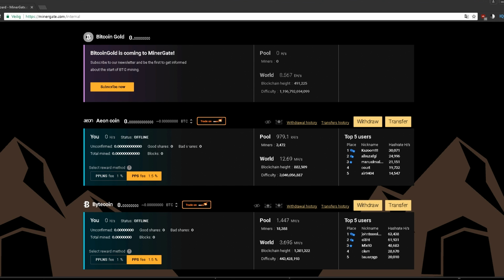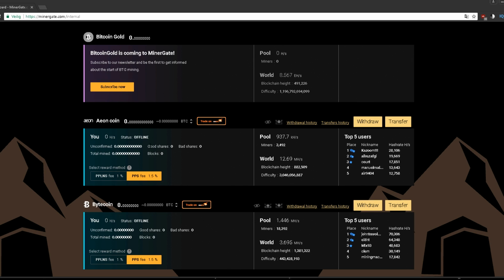So there can be a huge amount of factors that can cause a bad share or an invalid share. It's hard to say. So keep an eye on that.